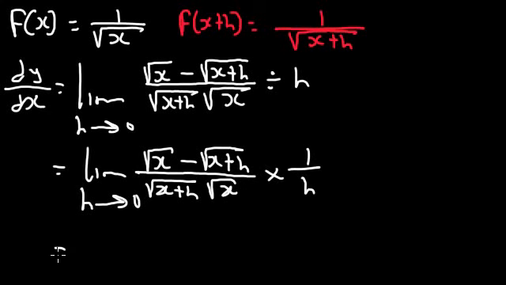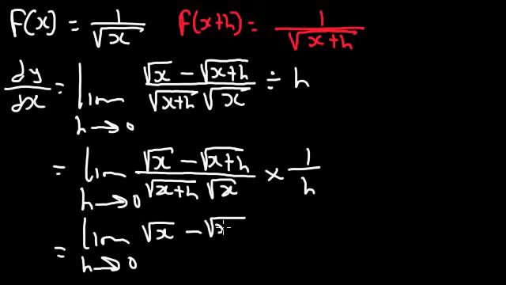Okay, that equals the limit as h approaches 0 of square root of x minus square root of x plus h, all divided by h, multiply by, okay, let's just multiply everything, root x plus h, then root x.